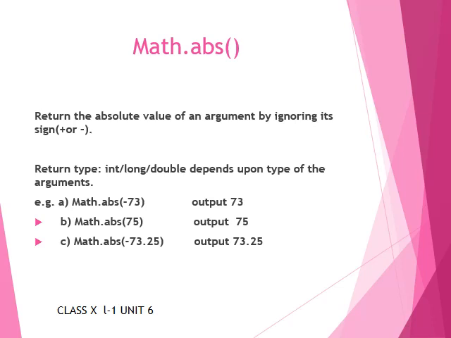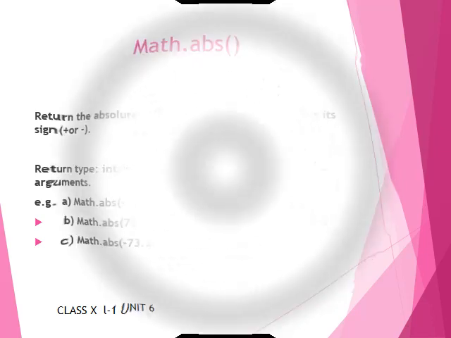Math.abs(75), answer remains same, 75. Third is Math.abs(-73.25), output is 73.25. That means abs function is used to return only positive number. If the number is only positive, answer remains same. If the argument is given in negative number, it changes into positive number.